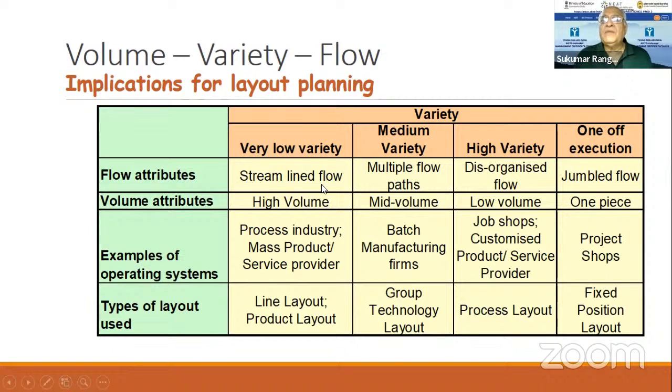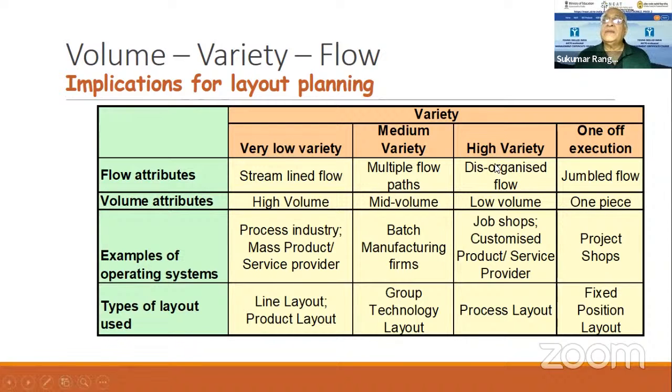There can be a streamlined flow, a medium variety of things like, let's say you are making toothpaste. You may have 4 or 5 different types of toothpaste in three different sizes. So the flow can be a little different, medium flow paths.